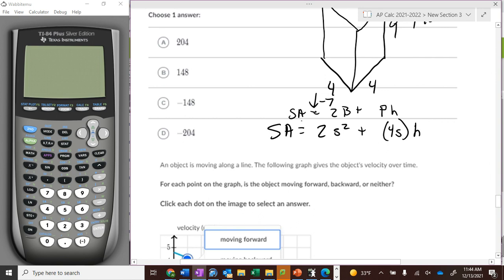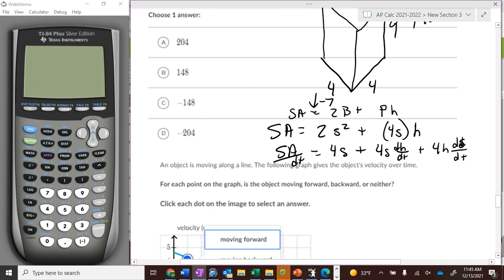So if we take the first derivative of the surface area, it would be 4S plus 4S times dH/dt plus 4H times dS/dt. Are you good with that?